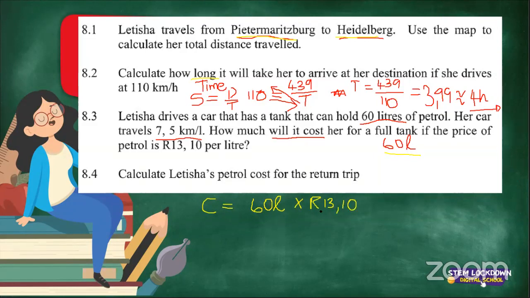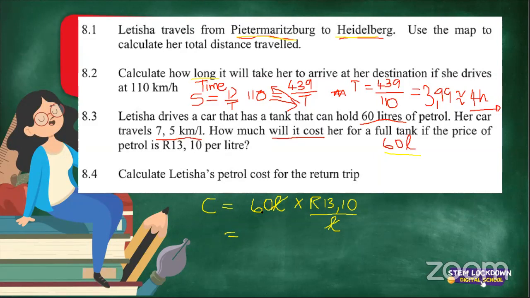Because 1 liter costs 13 rand 10 cents, 60 liters will cost 60 times that much.